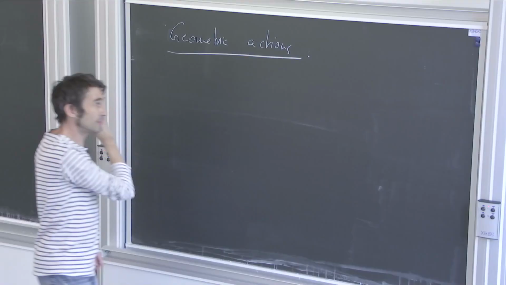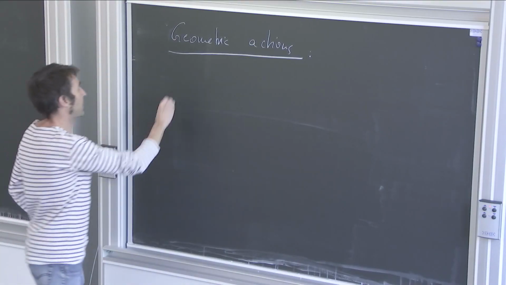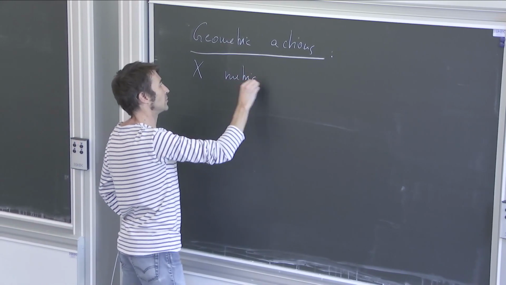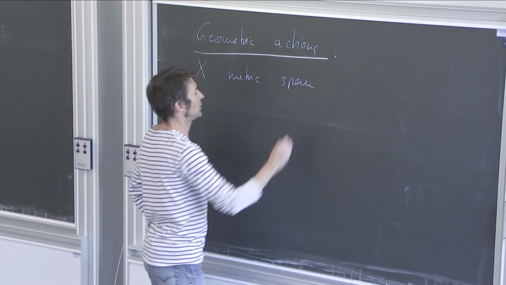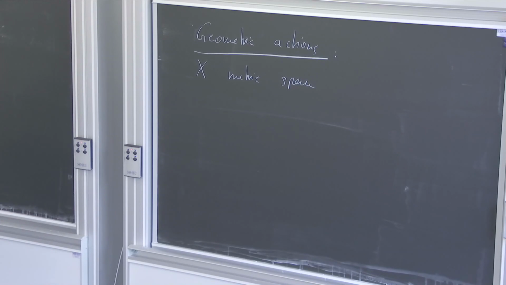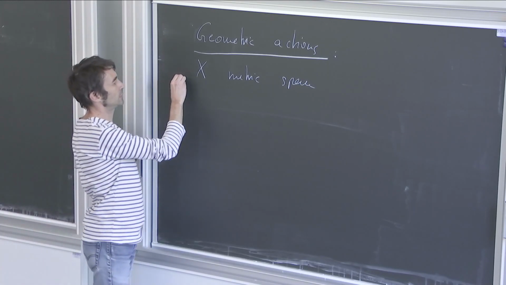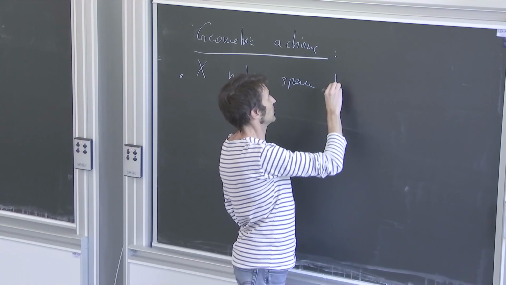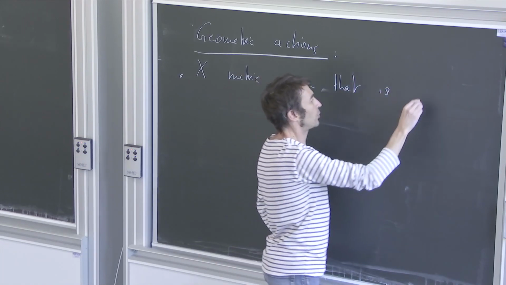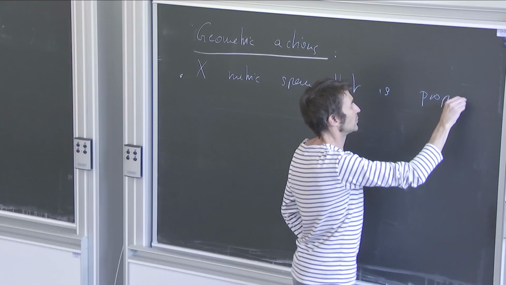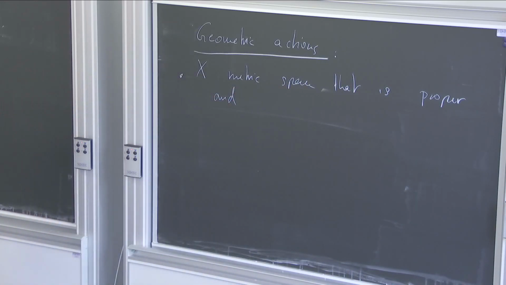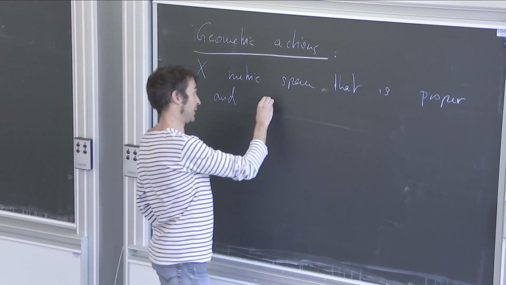So let X be a metric space. Actually, I will assume that it is proper and geodesic. So what does it mean?